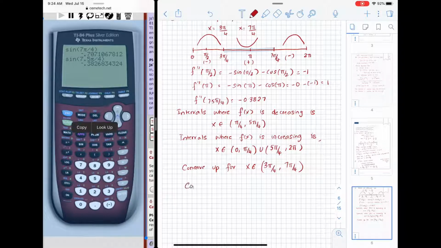And it is concave down for x in, I'll use a different color here, 0 to 3 pi over 4 and 7 pi over 4 to 2 pi. So x in 0 to 3 pi over 4 union 7 pi over 4 to 2 pi.